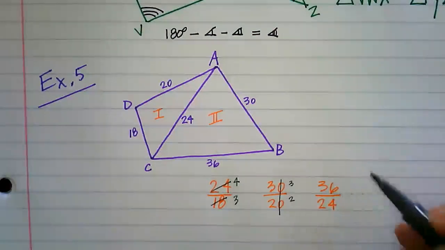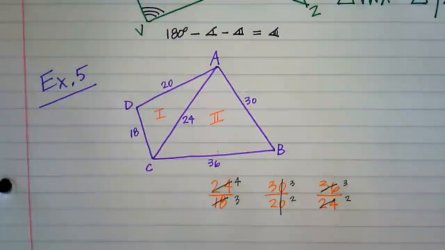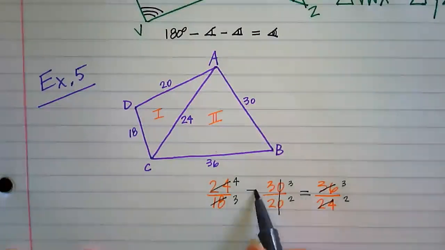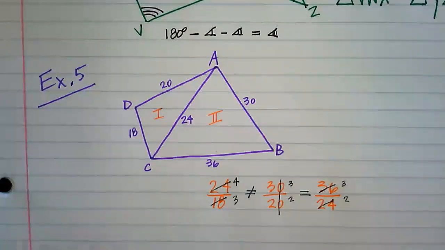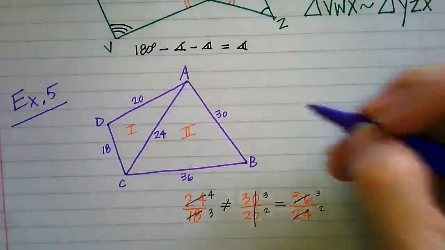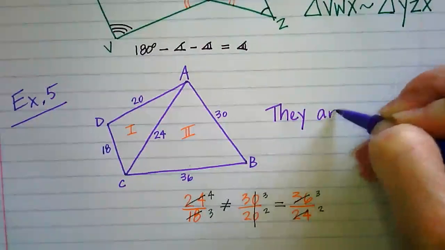And then right here, we can reduce both of those by 12, which makes that 3 over 2. So if we look, these are not in proportion. Those two sides are, but those are not. So for this, we would say that the triangles are not similar.